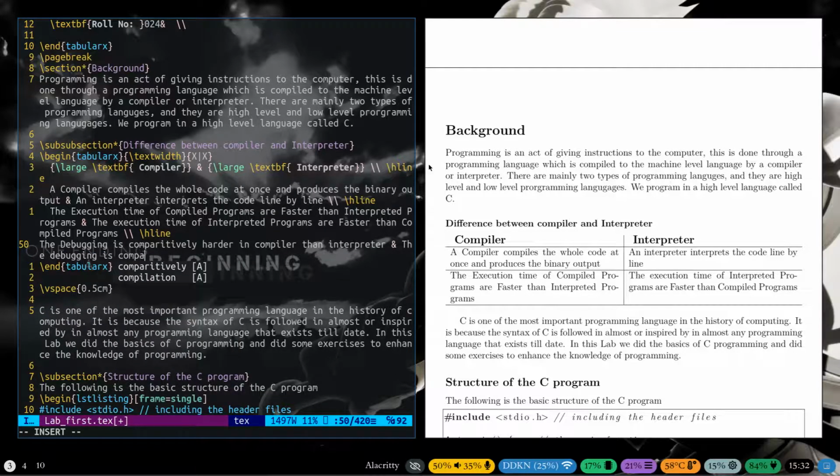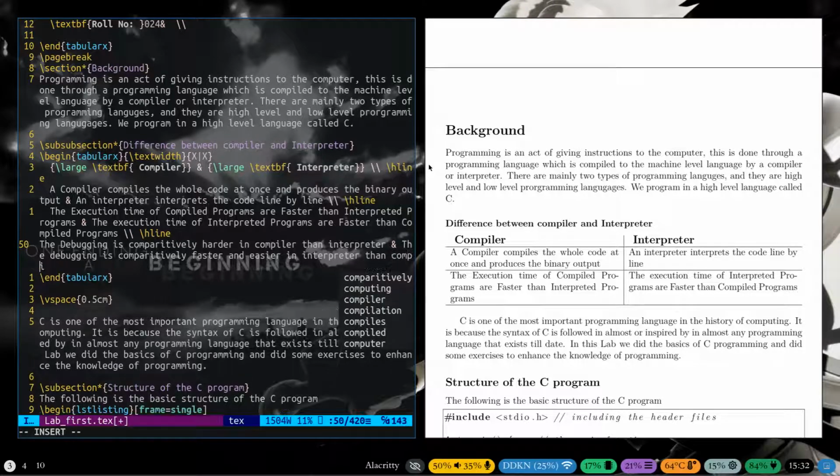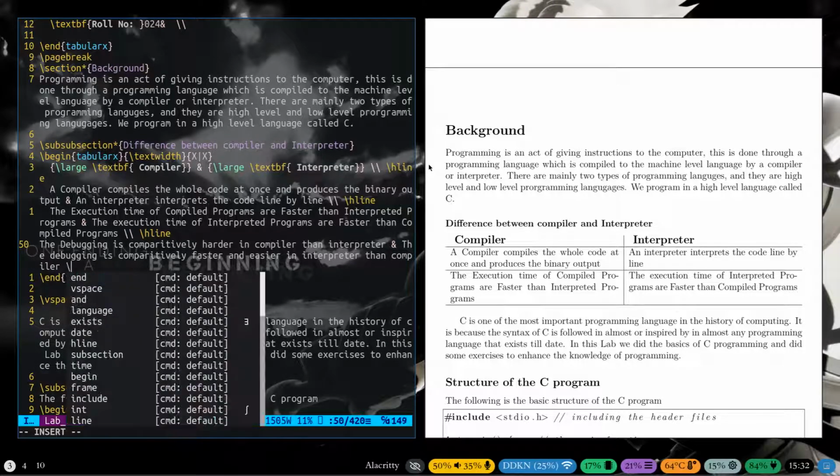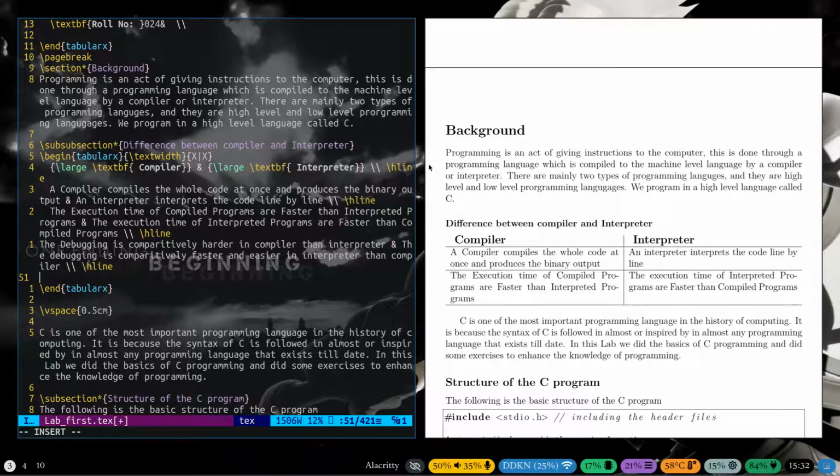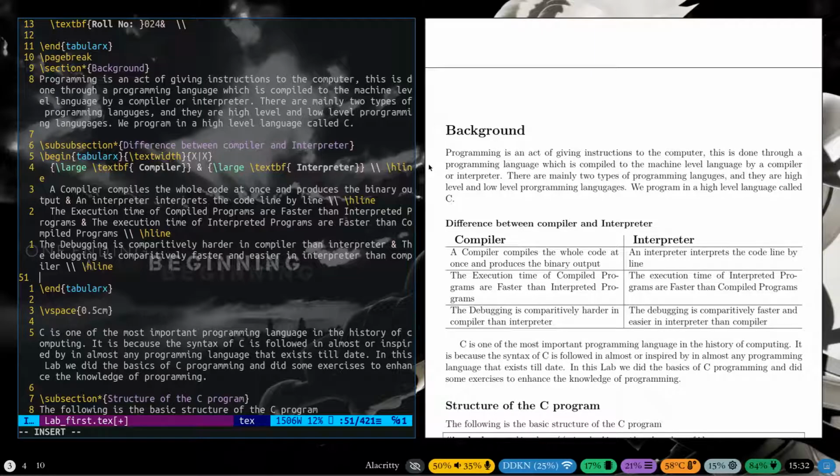Debugging is comparatively faster and easier in an interpreter than in a compiler. So that's the line. And what are the others? Let me think.